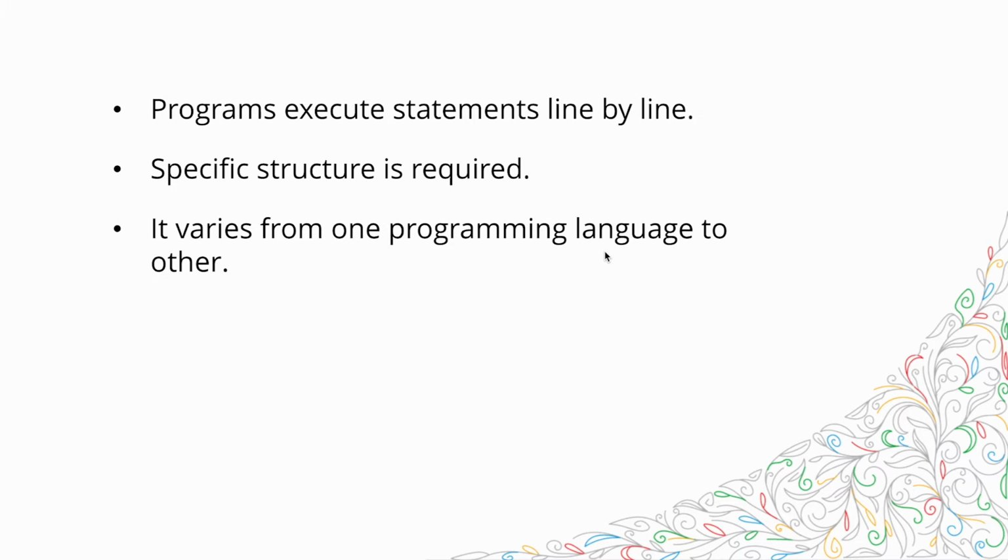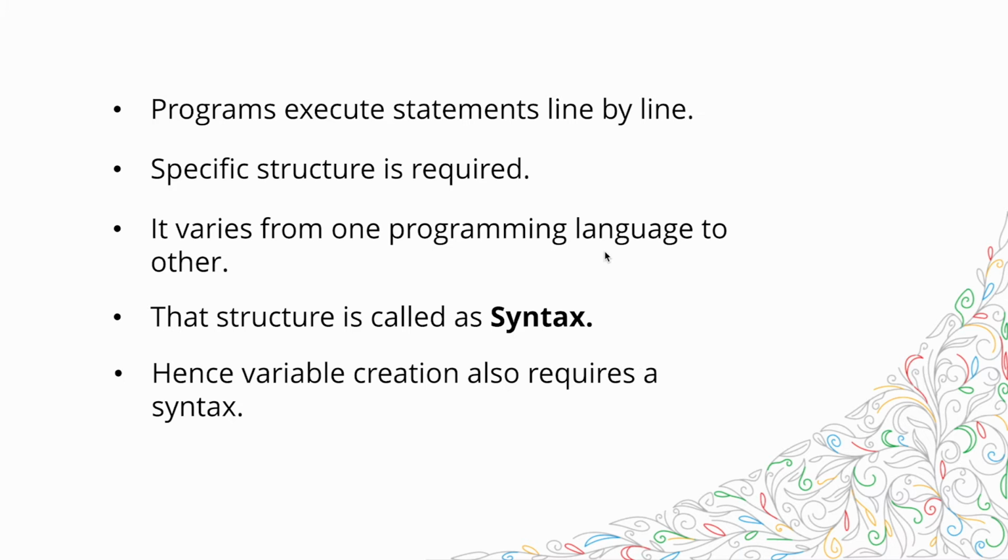So these are called syntaxes. There are specific rules and regulations which are followed while we are writing a programming language, called syntax. This is called a structure. Only with a proper syntax can the program execute properly.